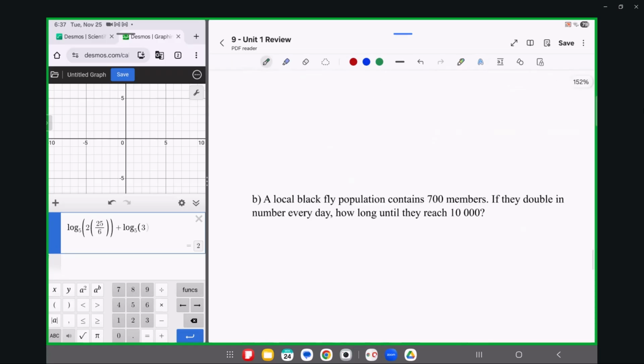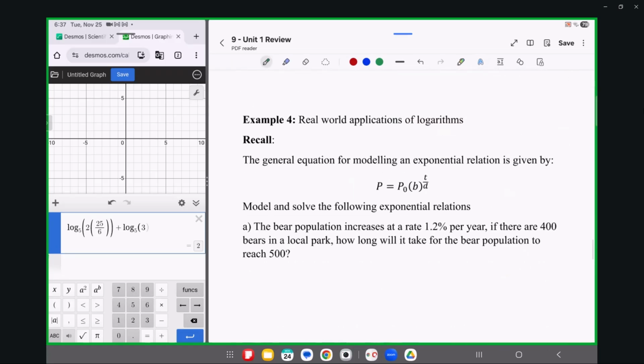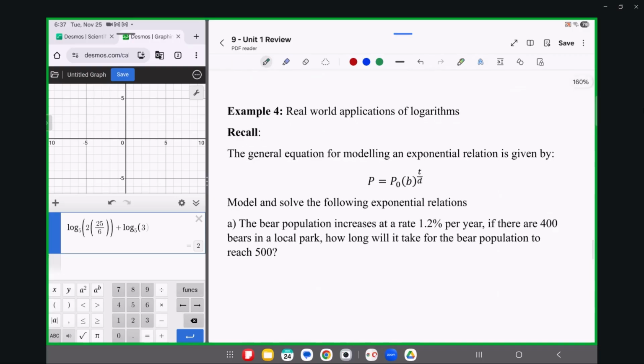Okay, so example 4, I've got a few and 3, some real world applications. So recall that the general equation for modeling an exponential relation is given by capital P is equal to P naught times B to the power of T over D. Or depending on the situation, you might write this as capital M is equal to M naught times B to the power of T over D, where P or M is the amount over time, P naught or M naught is the initial amount, T is the time typically, and D is the period, how long it takes for the base to apply.